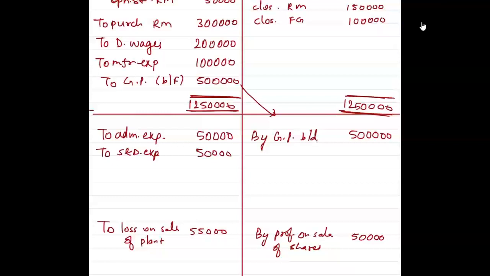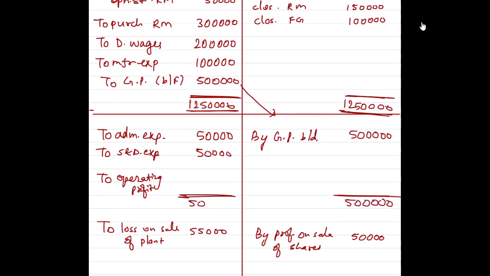Now, if I deduct these two, I will get the operating profit, because these are part of my operating expenses. So I have 5 lakhs total here and 5 lakh total over here. So the balancing figure operating profit is my 4 lakhs. One total is done over here.